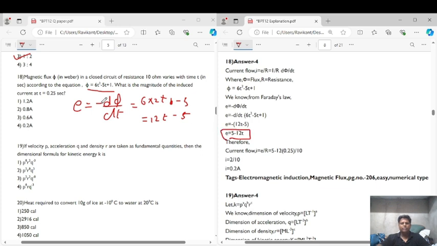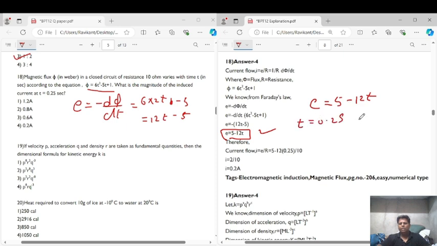So because we have a minus sign also here, the induced EMF will become 5 minus 12t. This is the induced EMF, right? Now the current I is equal to E upon R. So we have E as 5 minus 12t, and we have t equals 0.25.